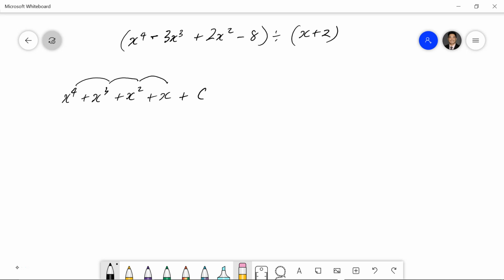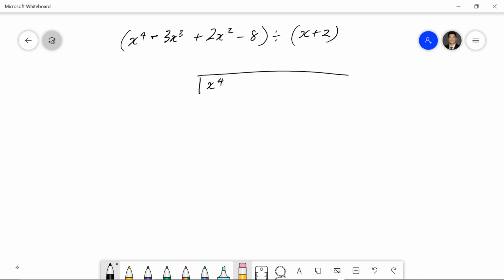Okay, and in this case, with this question, one of those terms is missing. So what we need to do is still include it in our expression, but write it with a 0. Okay, so we're going to have 0x here because it doesn't exist.